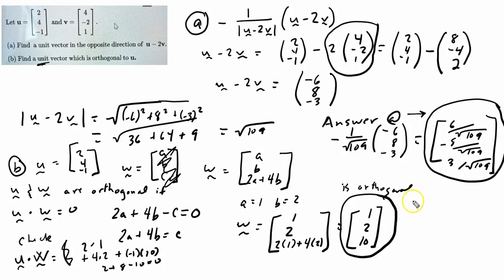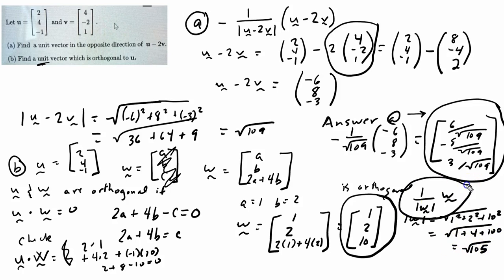So what we want is going to be 1 over the magnitude of W times the vector W, and that will answer part B completely. So the magnitude of W is the square root of 1 squared plus 2 squared plus 10 squared, which is the square root of 1 plus 4 plus 100, which is the square root of 105.